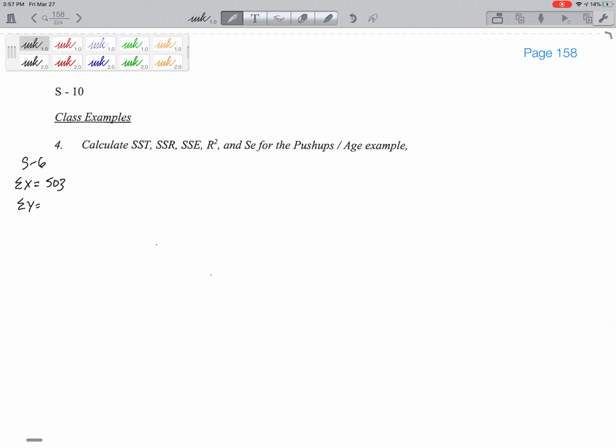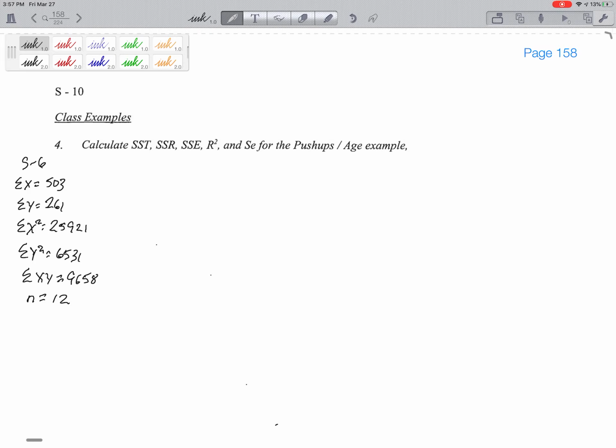Sum of the y's is 261. Sum of the x squares was 25,921. Sum of the y squares was 6531. And the sum of the xy's was equal to 9658. And then the n is equal to 12 pairs of numbers.